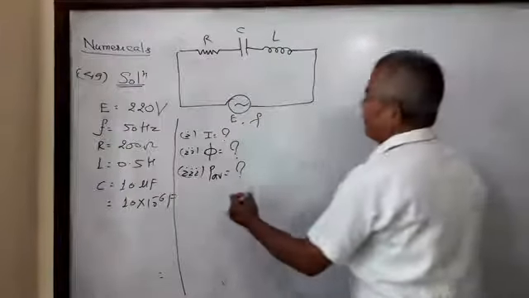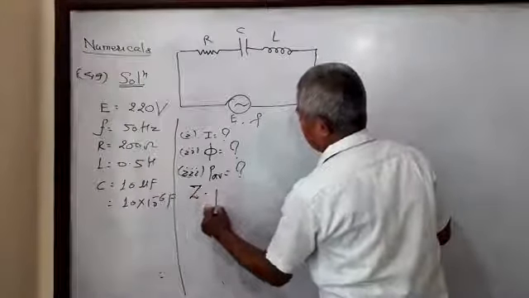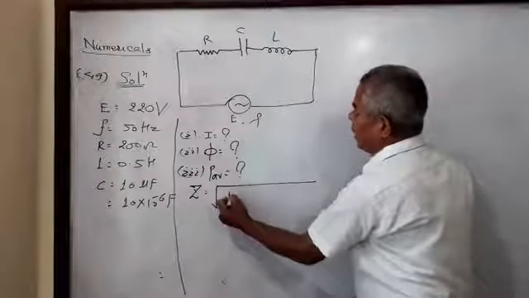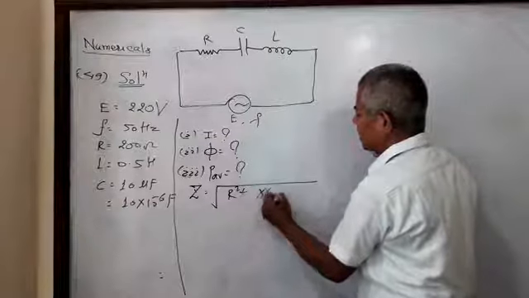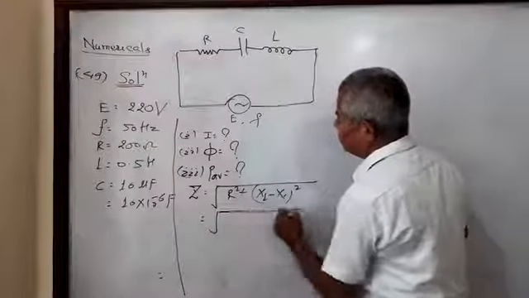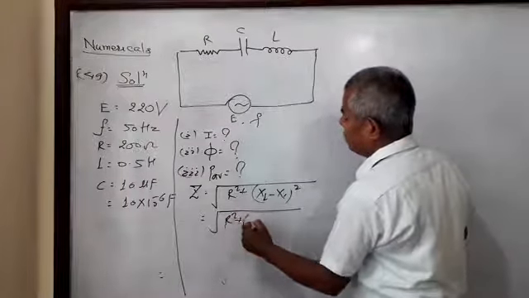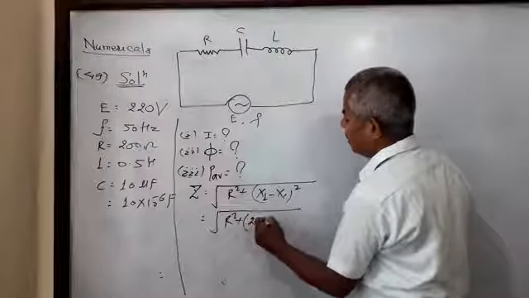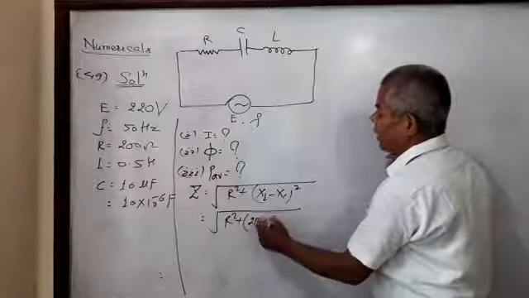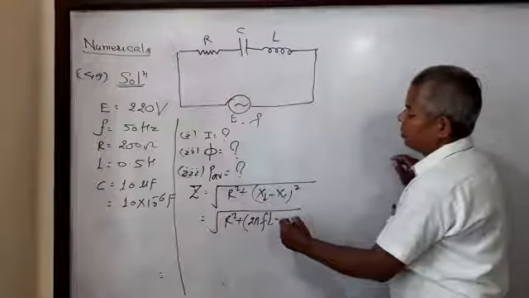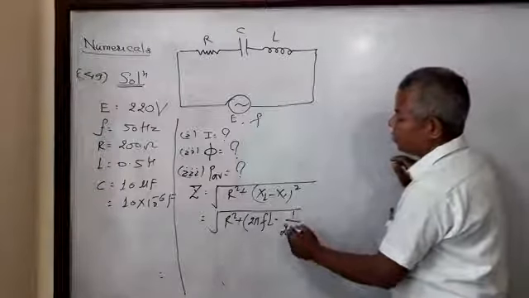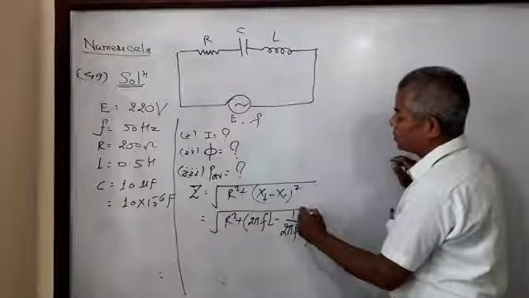The impedance of the circuit is given by Z equal to the square root of R squared plus (XL minus XC) whole squared, equal to the square root of R squared plus (omega L minus 1 divided by omega C) whole squared, where omega is 2 pi f.